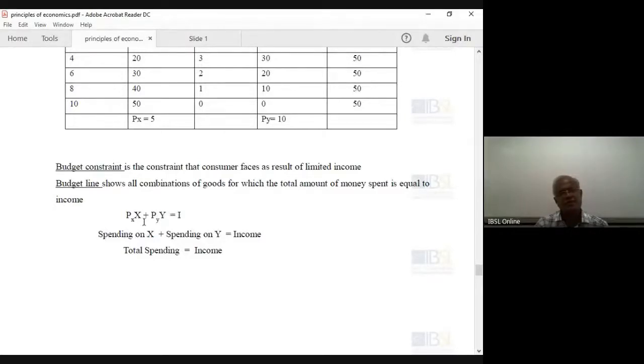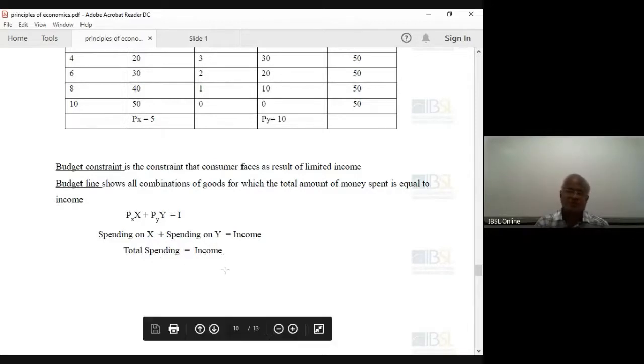Spending on X plus spending on Y equals income. Total spending equals total income. If he doesn't spend all his income, he's a saver. If he spends more than his income, he's a borrower. In this model, he's neither a saver nor a borrower.